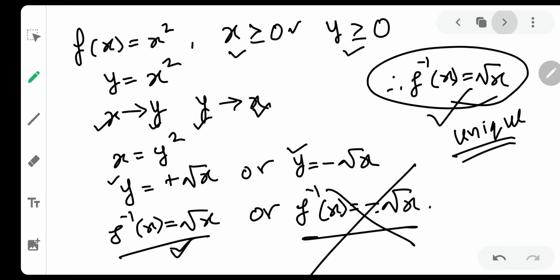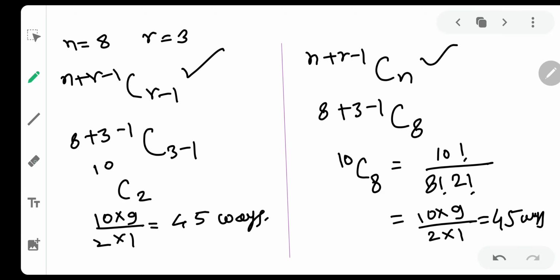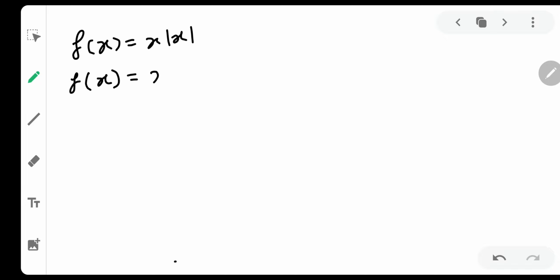Okay, now coming back, our question was pretty interesting. The question was f(x) equal to x mod x. So basically this question has a piecewise thing. What is that piecewise thing? f(x) equal to x into x if x is greater than or equal to 0, and it will be x into minus x if x is less than 0.